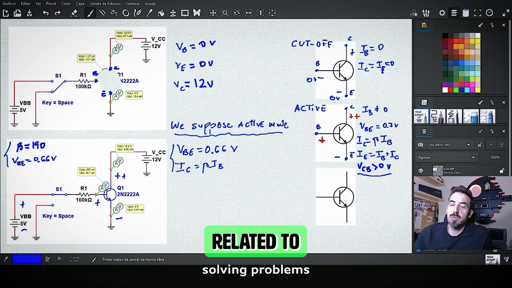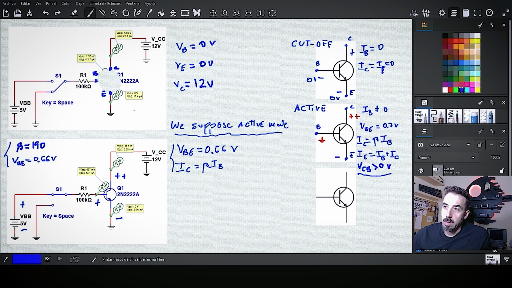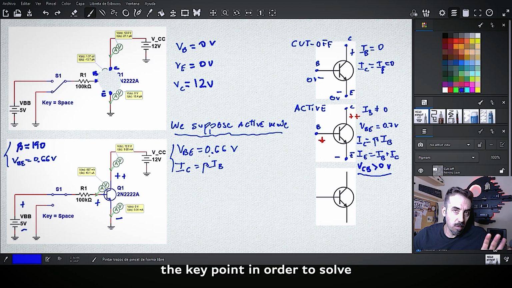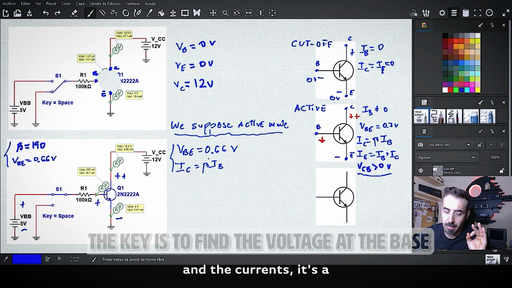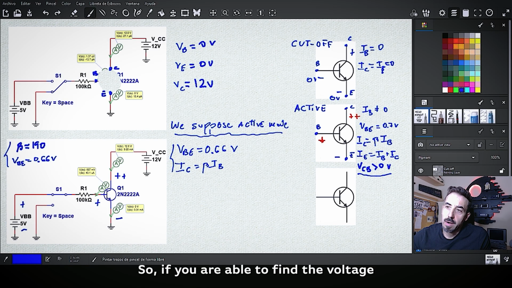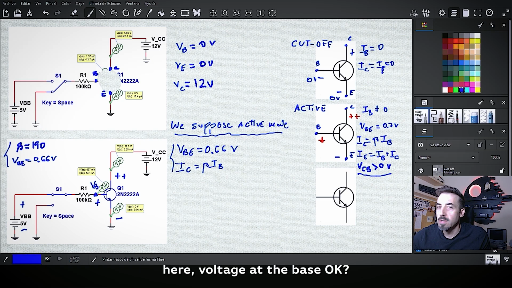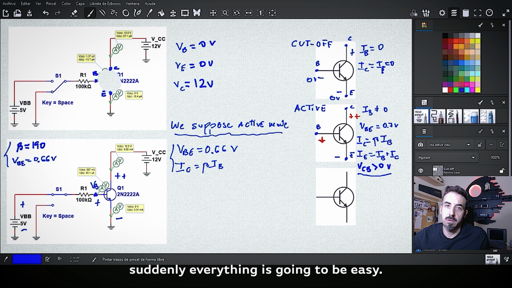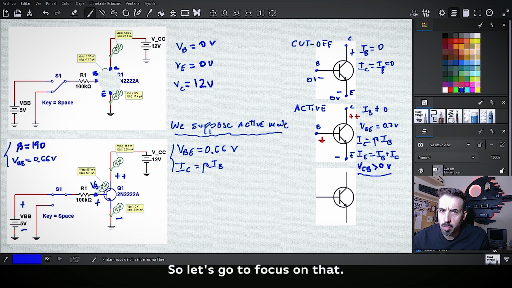Considering all my experience solving problems related to bipolar transistors, once you are in active and you have done all the suppositions I mentioned before, the key point in order to find all the values, voltages and currents is to find the voltage at the base. If you are able to find the voltage at the base, suddenly everything is going to be easier. So let's focus on that.